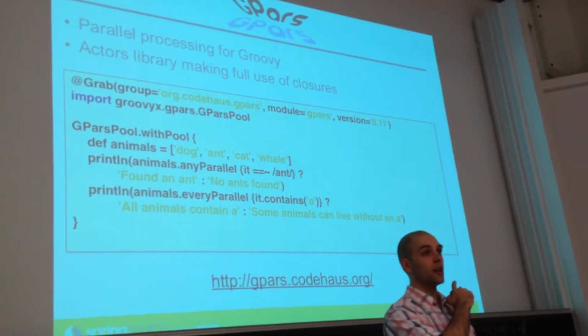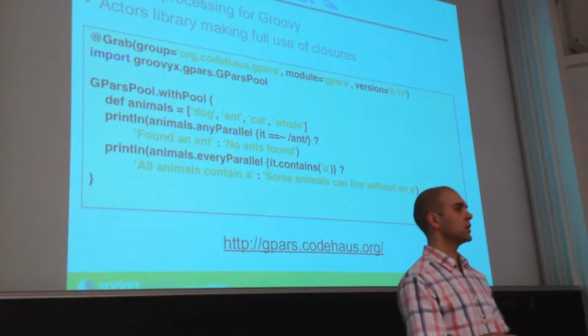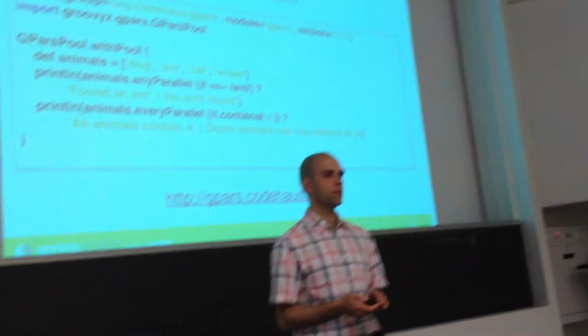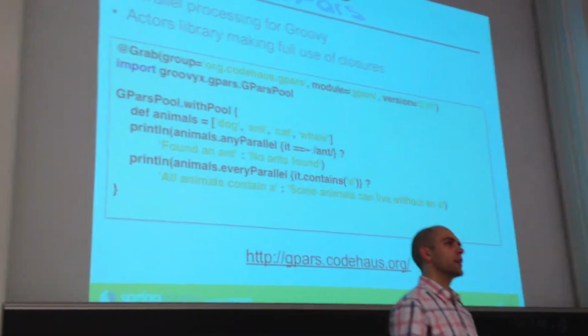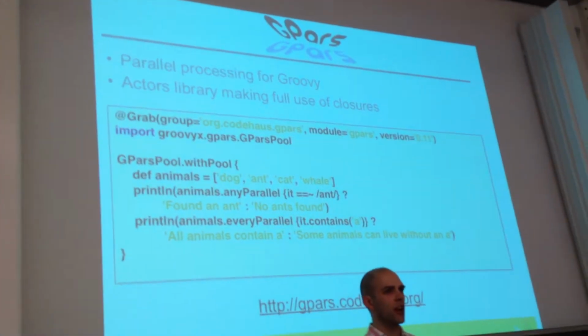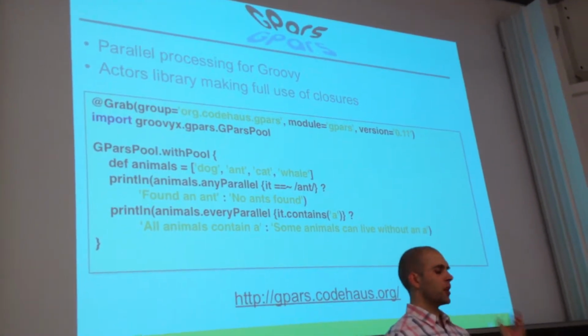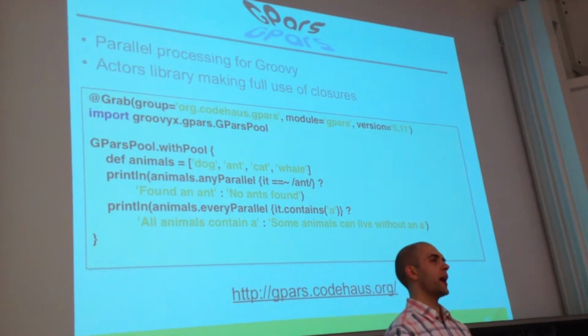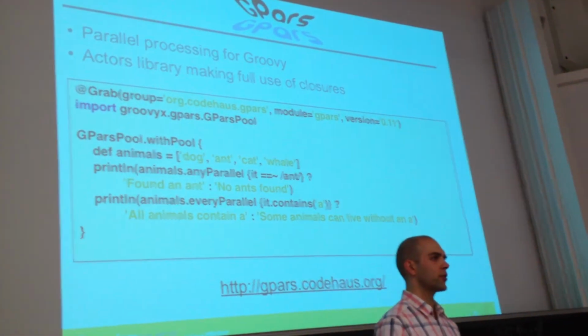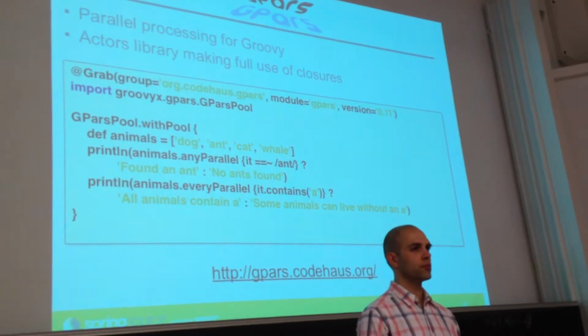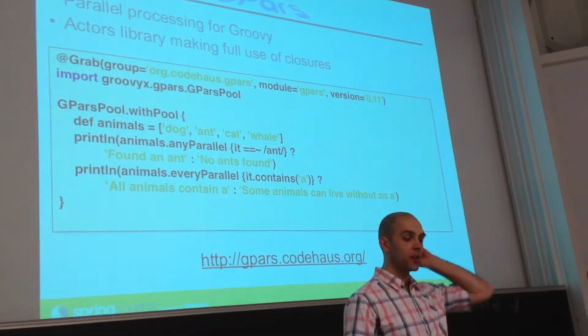GPars is another library for doing parallel processing. So you've probably heard of actors libraries, things like Akka. But GPars has an actors library, it has dataflow implementations. If this doesn't mean anything to you, that's fine. It doesn't mean much to me, unfortunately.